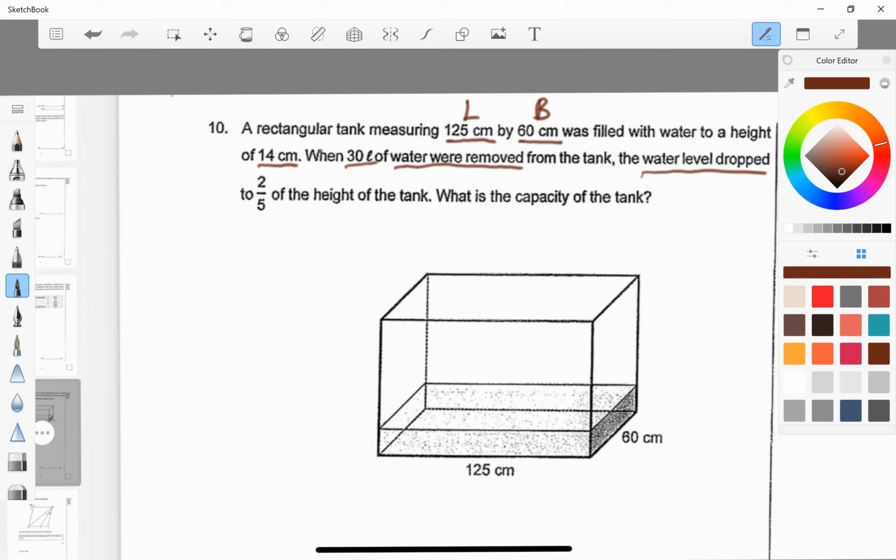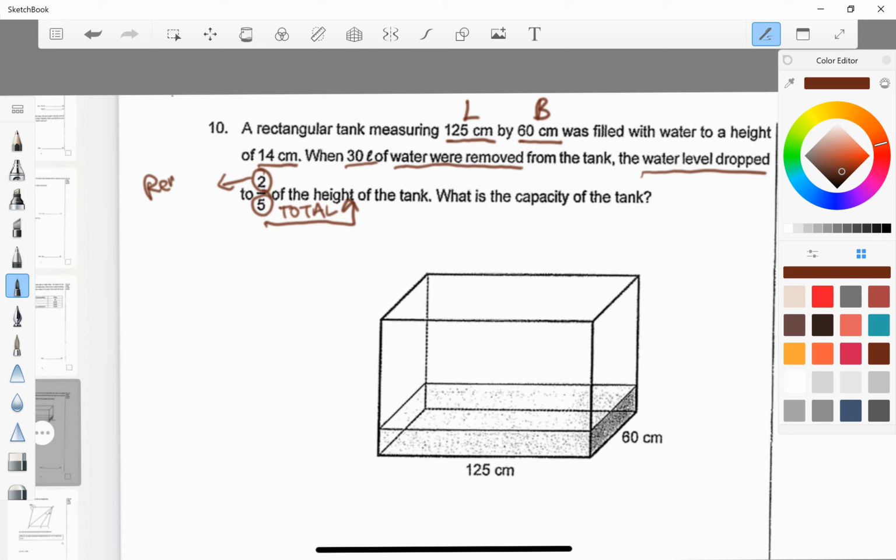From that fraction itself, we can know that the total height of the tank is 5 units. And after removing 30 liters, the height of the remaining water must be 2 units.